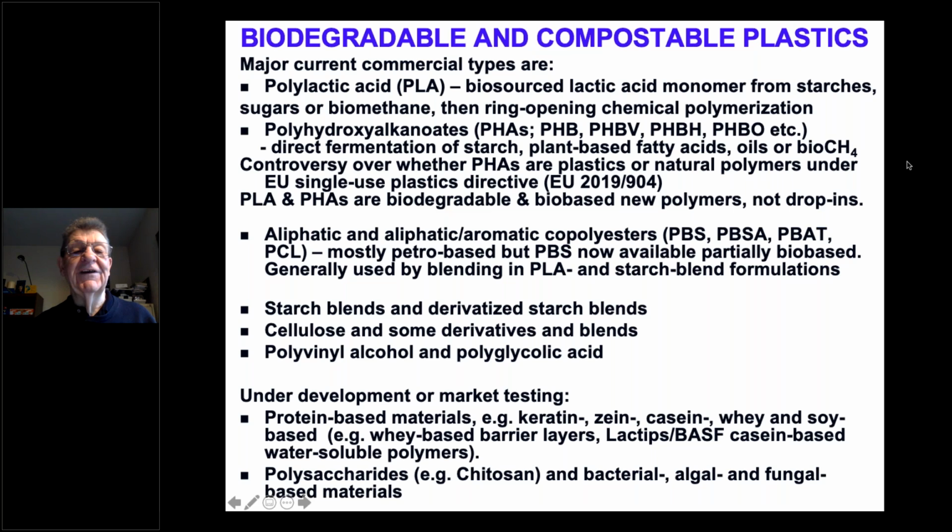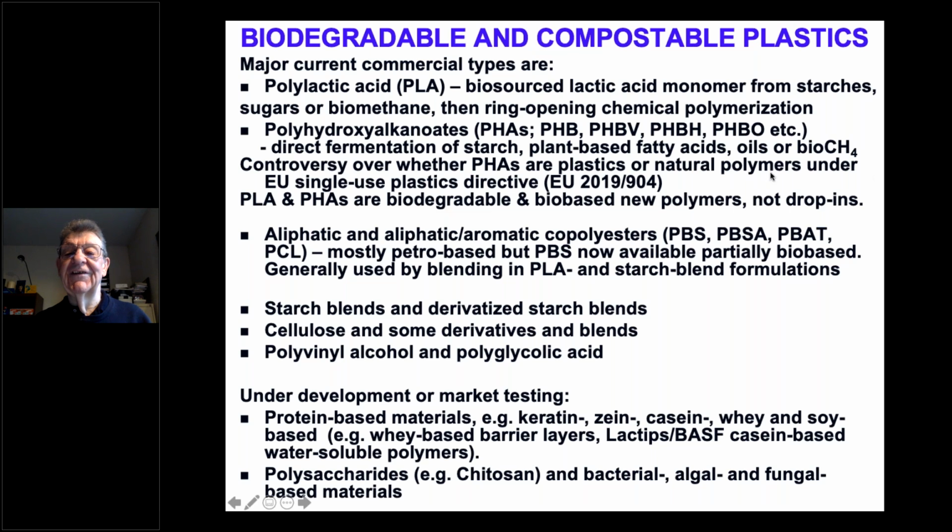These are made not chemically at all, but they're made from starches or fatty acids or even methane again by direct fermentation, which means that the bacteria actually produce this polymer in their bacterial cell structure as the energy storage medium. So a good part of the cost of these materials is how do you extract them from the bacterial cell soup and make them into a material that you can use as a thermoplastic.